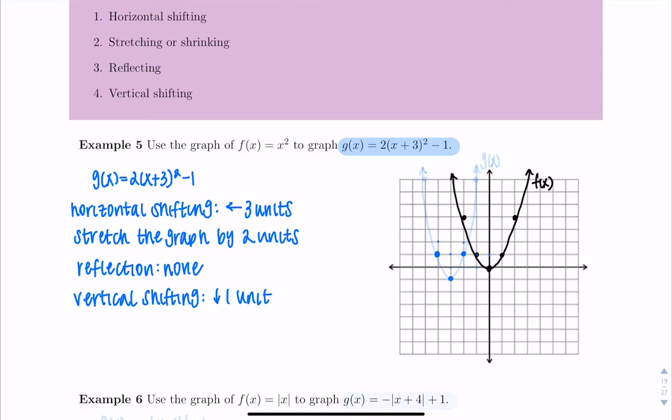Let's do this with 2, 4. So move it to the left 3 units. Now you're going to multiply by 2. So 4 is now going to become 8, which is off of my graph. It'll be somewhere up here. And then you shift it down 1 unit.